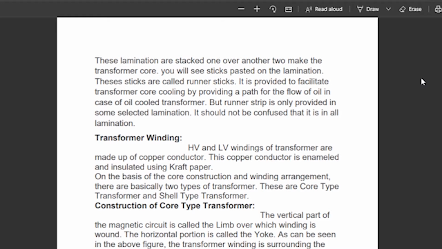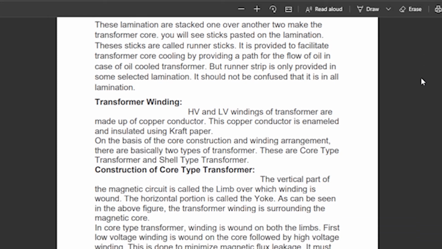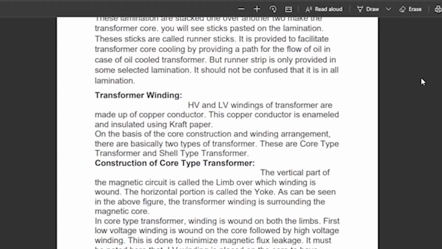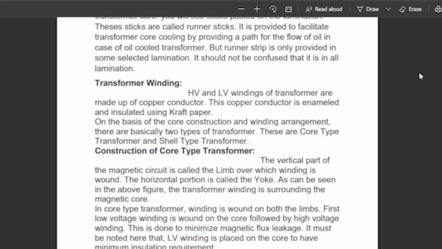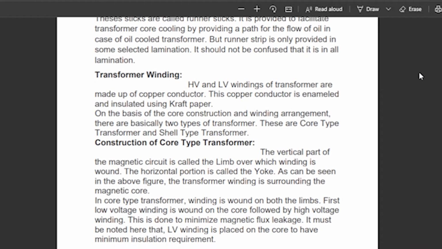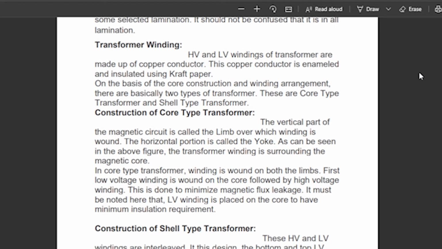These strips are called runner strips. They are provided to facilitate transformer core cooling by providing a path for the flow of oil in case of an oil-cooled transformer. But a runner strip is only provided in some selected laminations, which should not be confused with it being in all laminations.